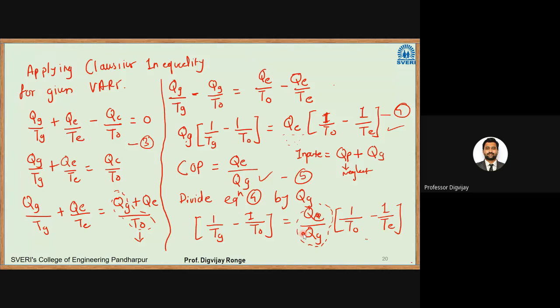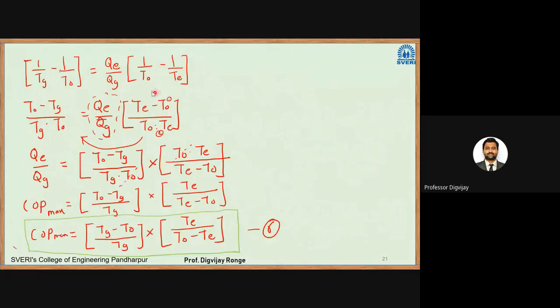If anybody was absent in the last lecture, you can just follow with me and write the last equation of COP. So there was some rearrangement of terms. Okay. So on one side I have taken QE by QG, that is nothing but COP. On another side I have taken all these temperature terms. So QE by QG will become like this. So finally I will get the equation for COP.